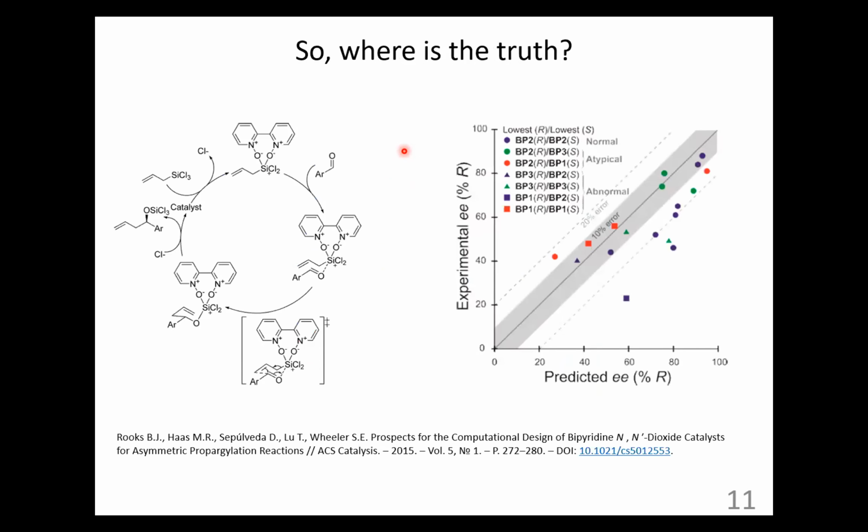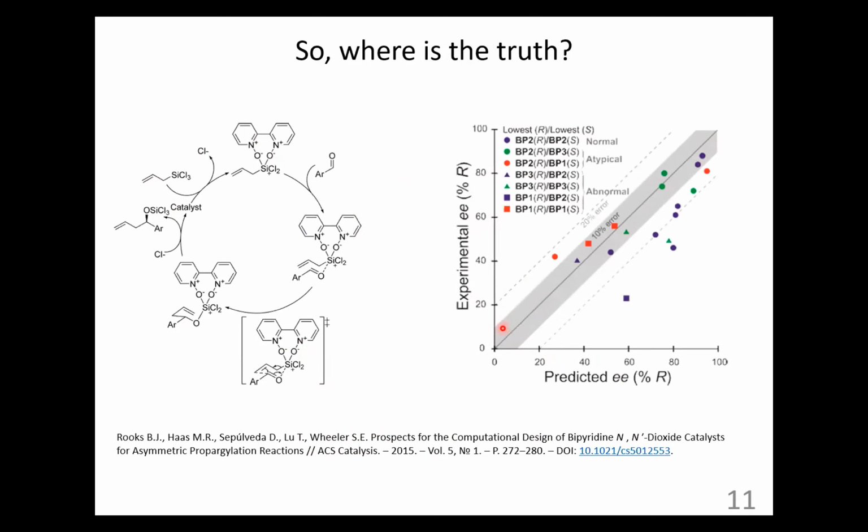Next, to look at how this works for actual reactions, we have used Wheeler's data from this article. He has studied such reactions and obtained, as I have already shown, this trend.